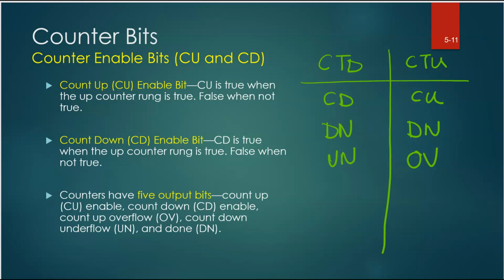What are these? So CD and CU stand for count down and count up enable bit. DN is similar to what we have for timers, that's our done bit, and UN and OV show you if you're having underflow or overflow.